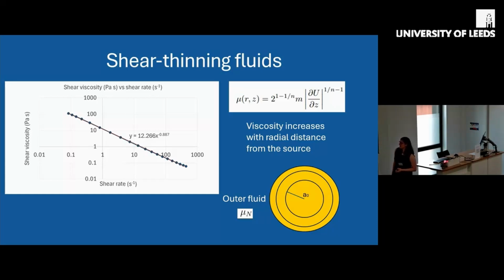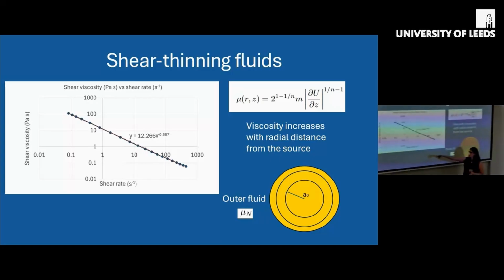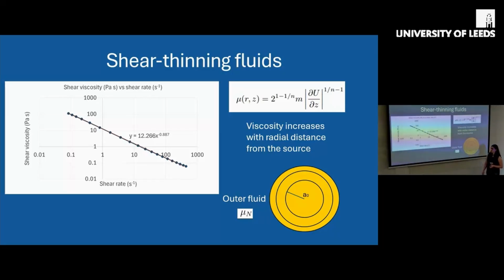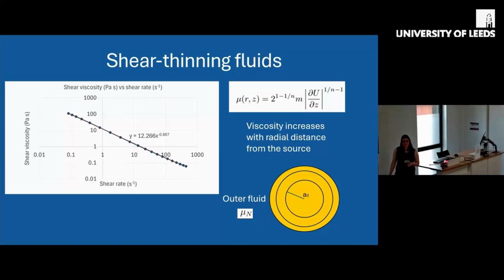So what we have here is, we stick our xanthan gum into a device called a rheometer, and it will tell you what the shear viscosity versus the shear rates is, and this is just a log-log plot. So that looks like a nice straight line, which means that for these type of fluids, we can use a power law model to model them. So n there is the power law exponent. n greater than 1 corresponds to a shear thinning fluid, and m is the consistency index.